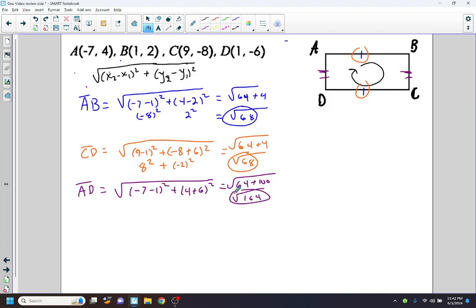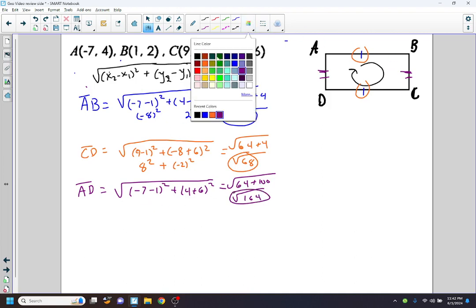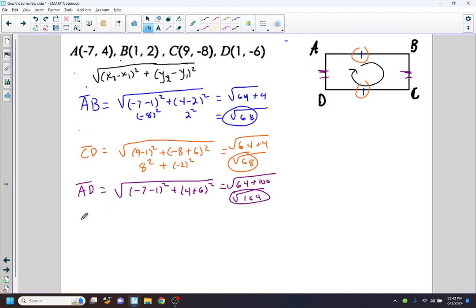Again, I don't really care about the actual distance. Now I have to do BC. So BC, because those are the ones that are across from each other. So that's going to be 1 minus 9 squared plus 2, double negative is positive, 8 squared.